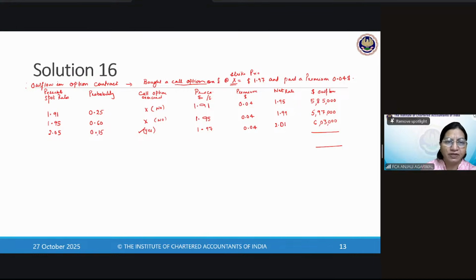But that has a very little probability of 0.15. So we need to calculate the expected outflow if hedging is done using option.